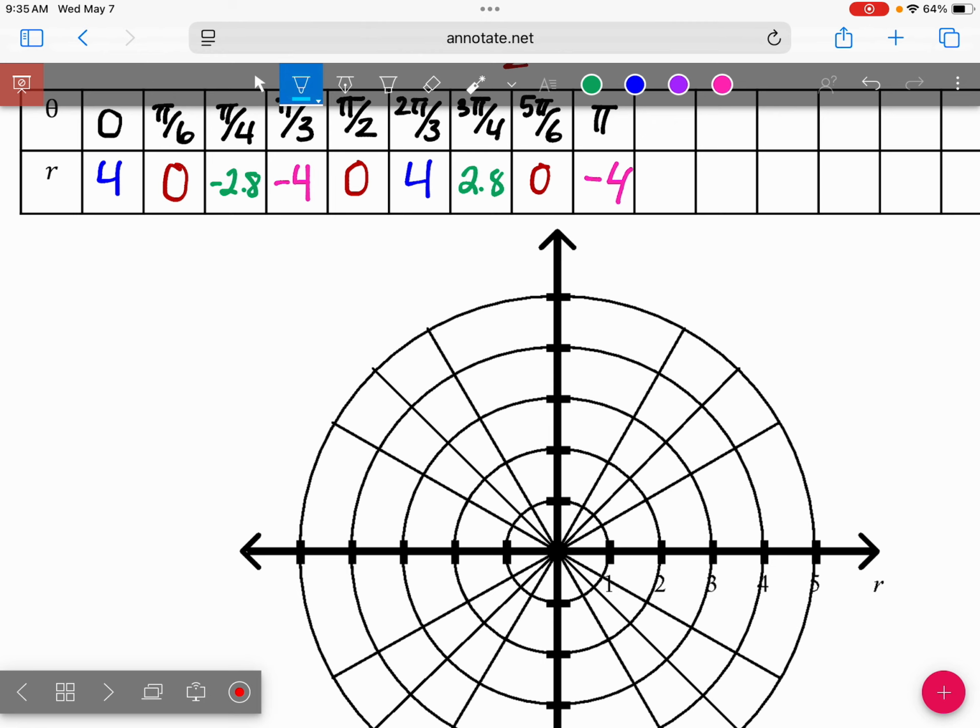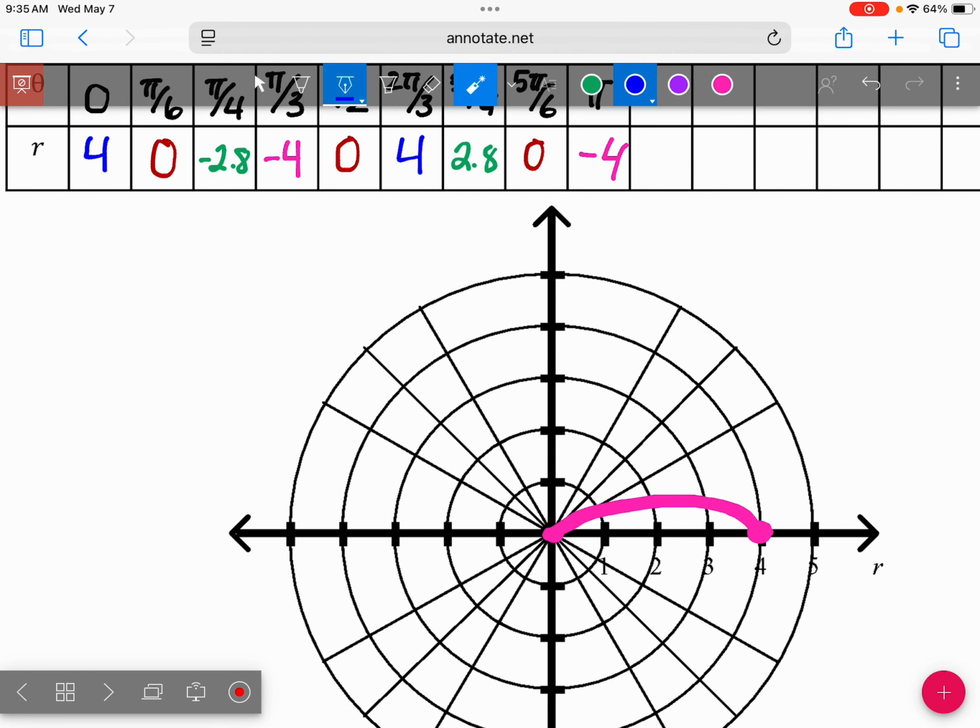I'm going to get my chunkier pen. So if we have 0 at radius 4, we've got a point over here. And by the time we get to pi over 6, we're at 0. So these 2 points are going to connect like this. For pi over 4, that's this angle here, we're at -2.8.